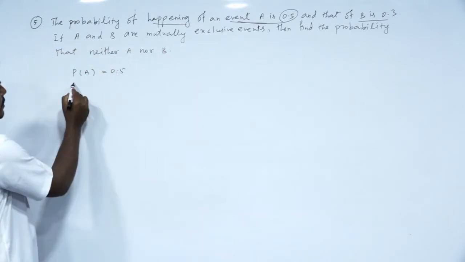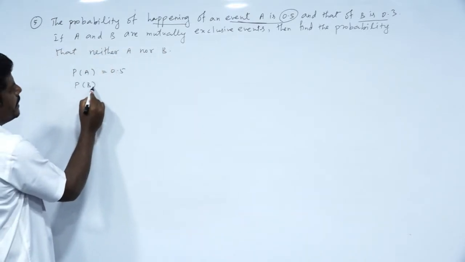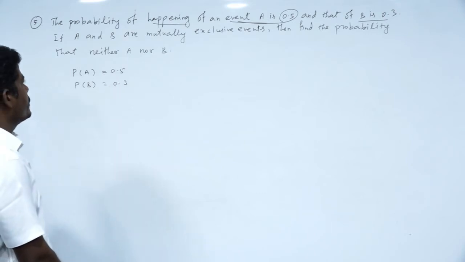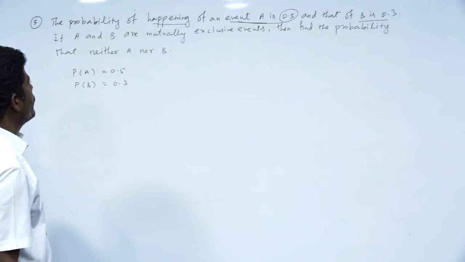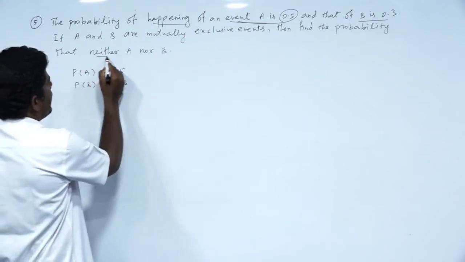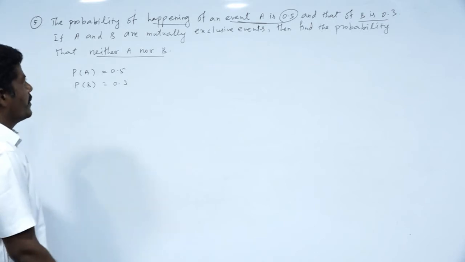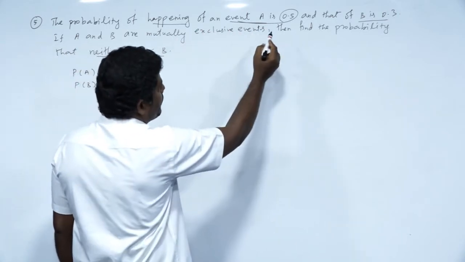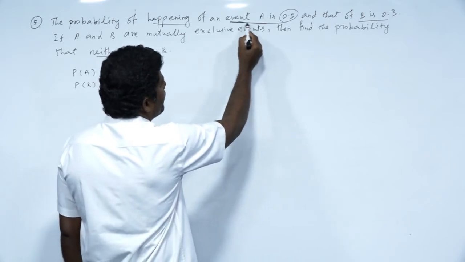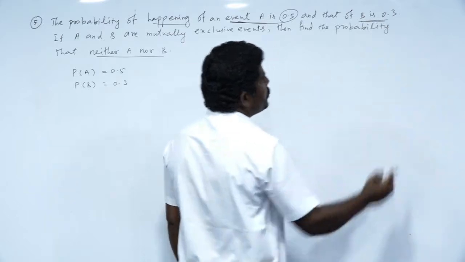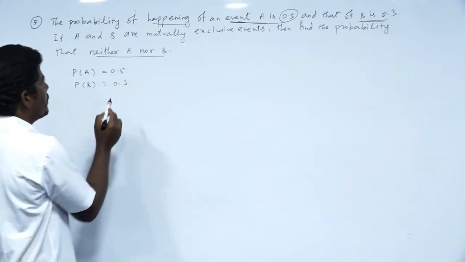Probability of event B is 0.3. These two things are given, my dear students. Using these two, I want to find the probability that neither A nor B occurs. Once again, listen: the probability of happening of an event A is 0.5, and that of B is 0.3.